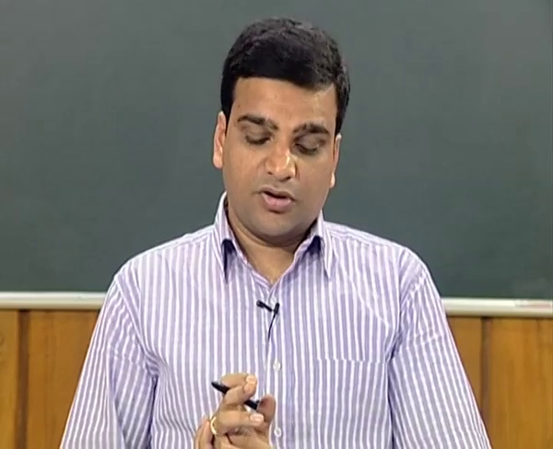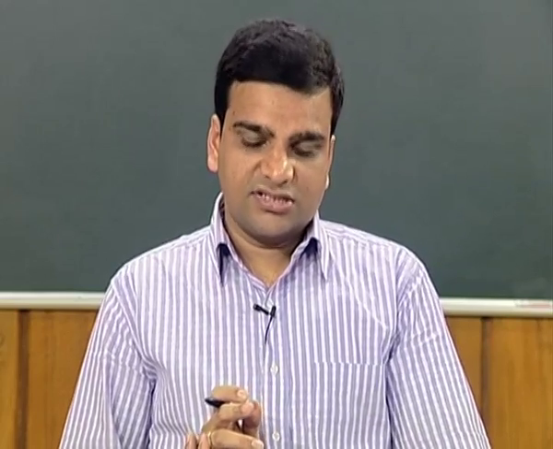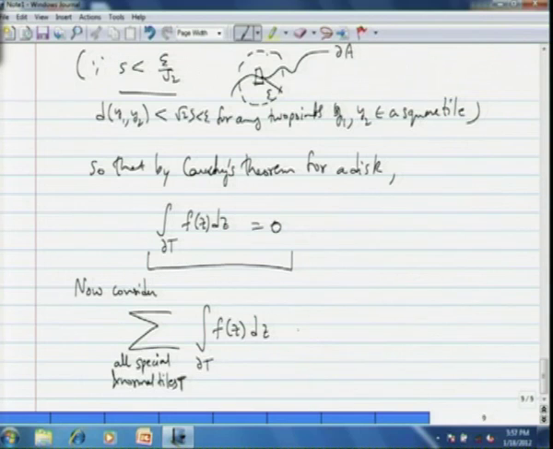So, you consider the finite sum of these integrals over the boundary of T oriented in the counterclockwise, positive sense. And then by either of the above, you are actually adding a bunch of zeros.